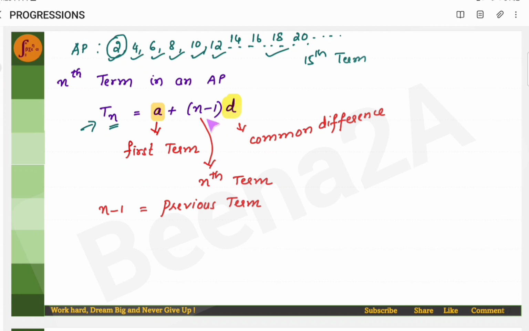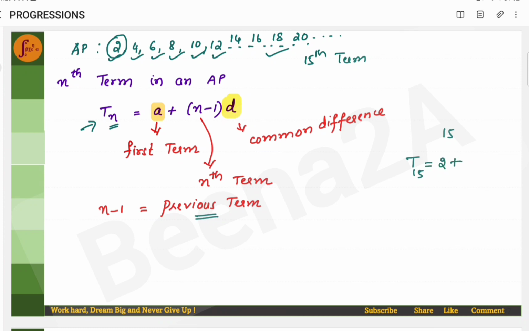N minus 1 is nothing but the previous term. N minus 1 indicates the previous term. N indicates the particular term. So if I want to find the 15th term, I want to find T15, and my first term is 2.